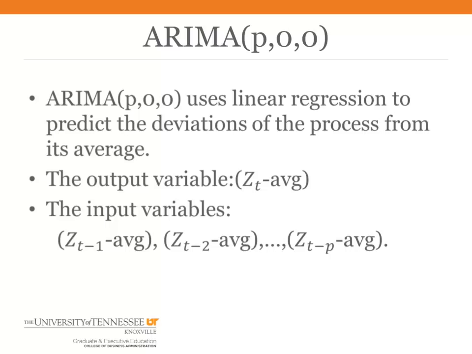If you use P of those, in other words, I'm going to predict next week based on the last 4 weeks, let's say, that means P is equal to 4. And I would describe that model as an ARIMA P00. It's an autoregressive model, and P refers to the number of terms that we use in that regression.